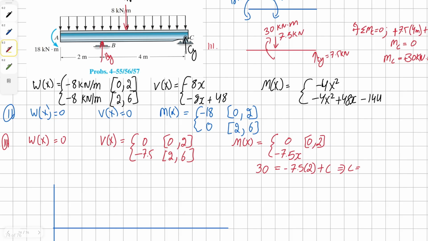Solving for the constant, we get the value of positive 45, which we're going to add to our moment equation for region 2. And with that, we have all the required equations to solve for this problem.